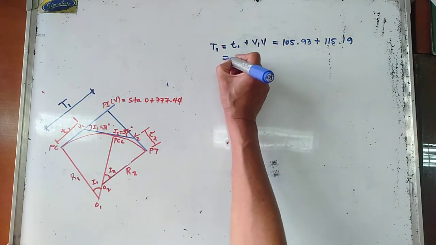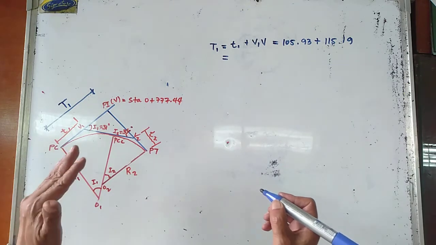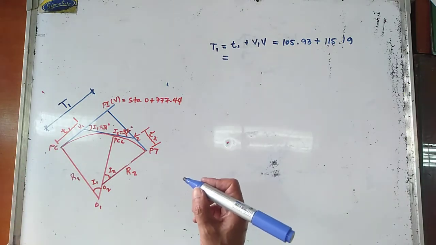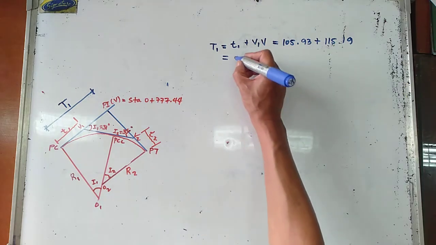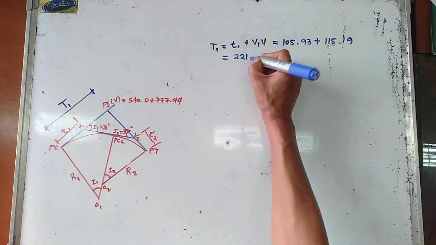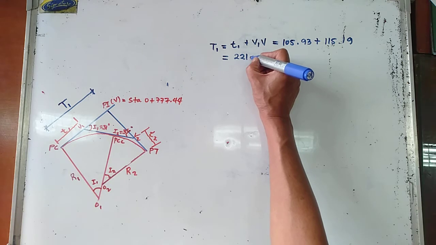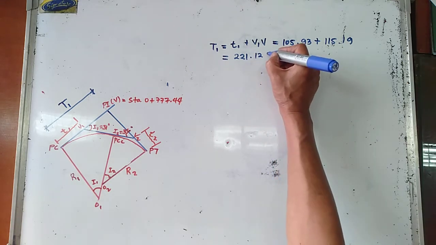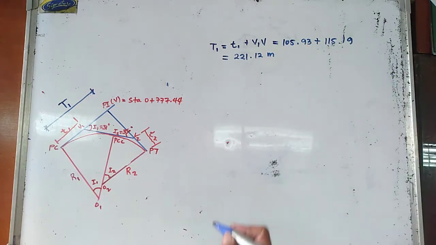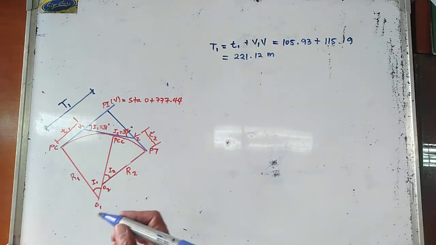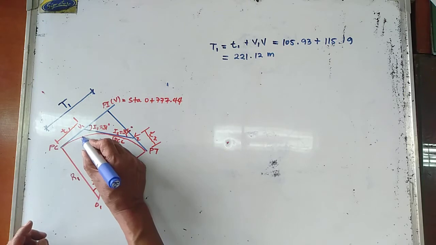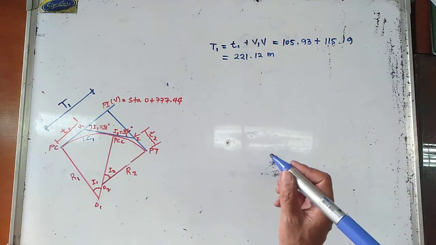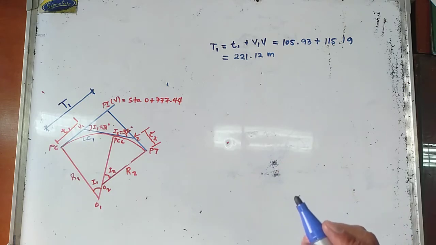Hence, the tangent distance on the side of the PC, or on the side of the back tangent, is now equal to 221.12 meters.